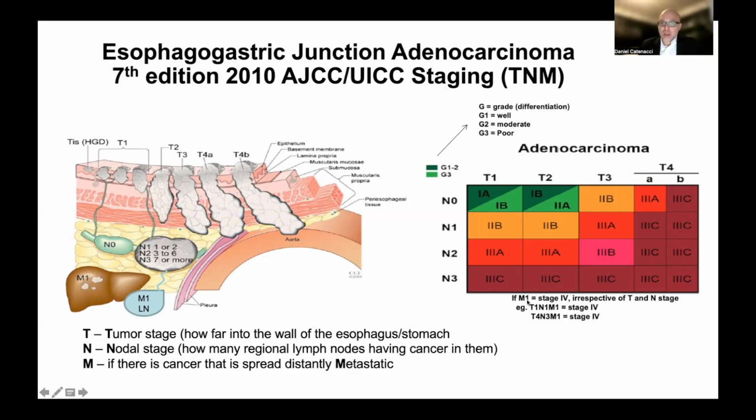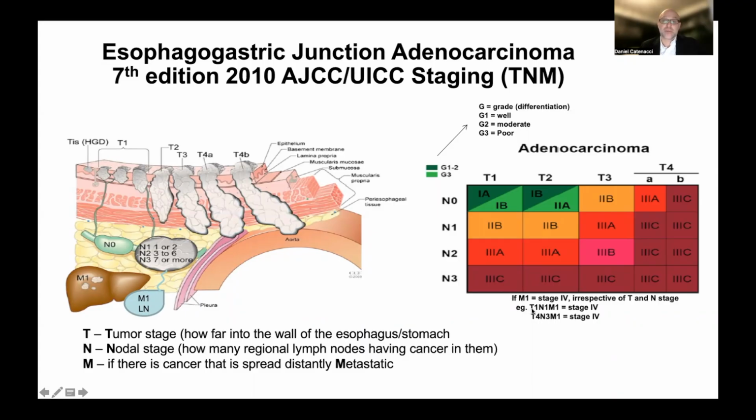Secondly, an important aspect is that if there is distant spread to anywhere in the body outside of the regional location, or what would be referred to as the surgical field, irrespective of what the T stage or the N stage is, it would be called M1 or metastatic.